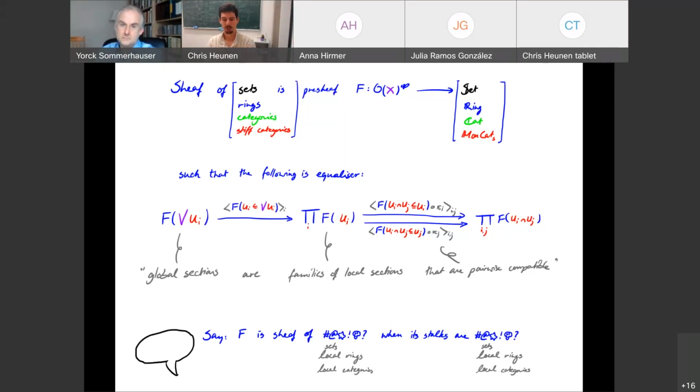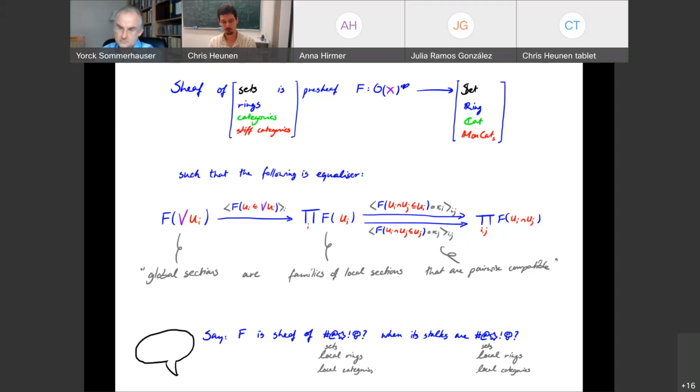And we're going to say F is a sheaf of something, exactly when its stalks are something. So for example, a sheaf of sets before just means that the stalks are sets, pure and simple. But we can talk about a sheaf of local rings, for example. That means that the functor F takes values in the category Ring, but additionally all the stalks are not just rings, but local rings, whatever that may mean.